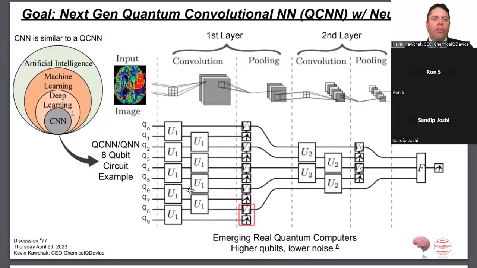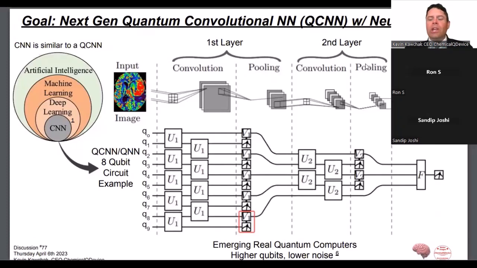Now, for those of you that don't know, this is the framework: inside artificial intelligence, there's machine learning. And inside machine learning, there's deep learning. So deep learning is typically anything that's 3 or greater layers. It's kind of fuzzy, but it's around that number 3.